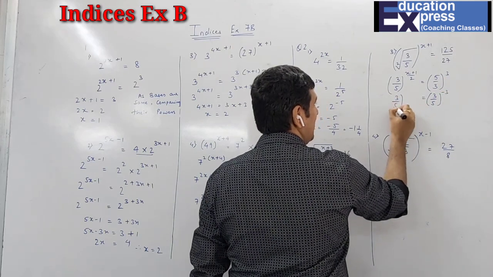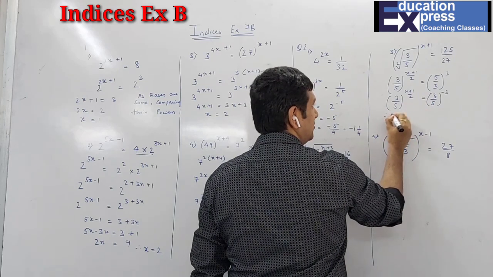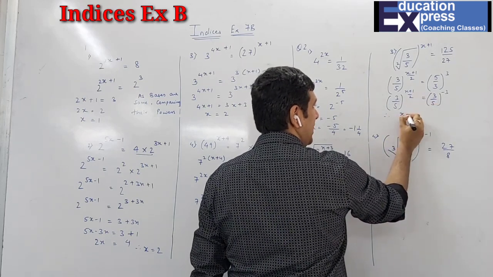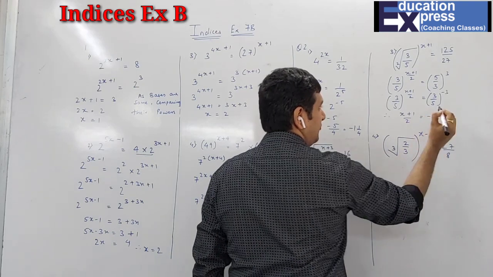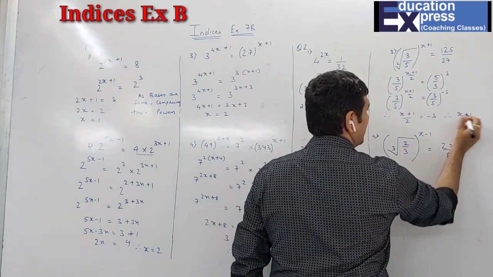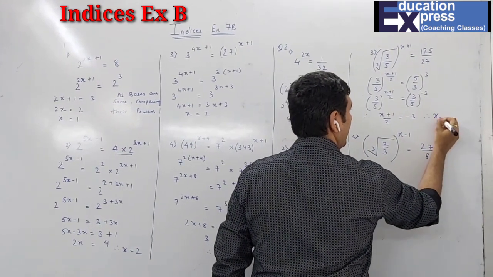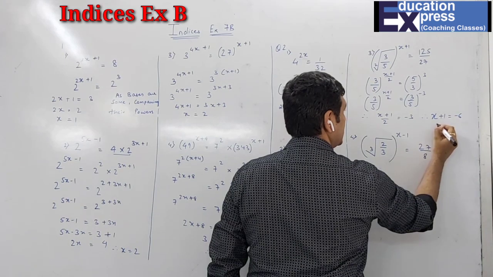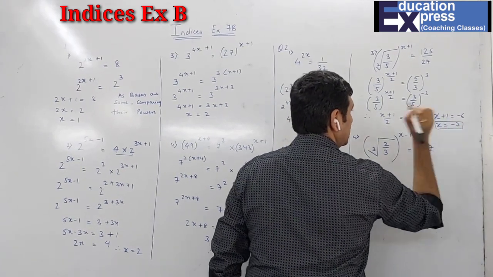And now as the bases are same, I can compare the powers. So (x plus 1) upon 2 equals minus 3. Therefore x plus 1 is equal to minus 6. So x is minus 7 is the answer.